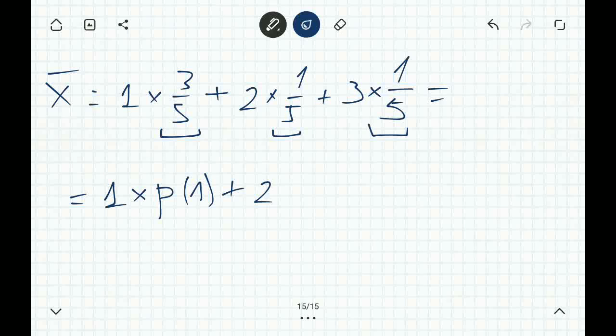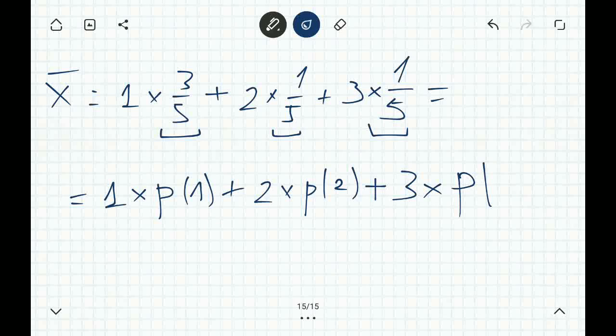And apparently, to find the mean value, we are taking each entry, multiplying it by its probability, and then adding everything up. And it's not some special lucky coincidence here. It's the general rule. It works everywhere.